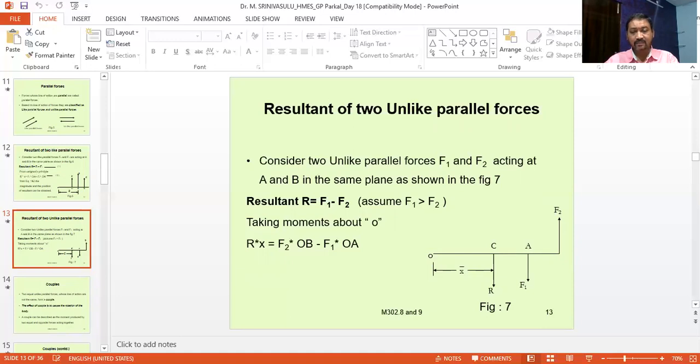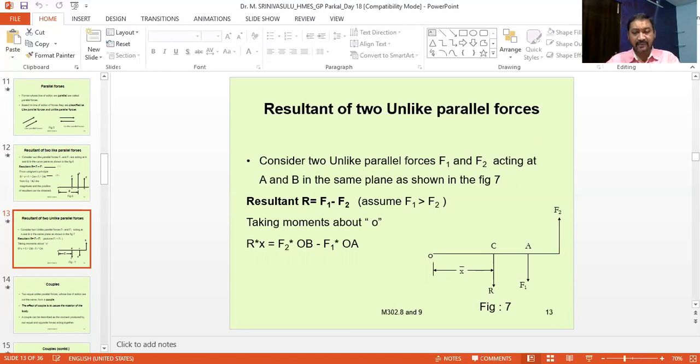So R into x is equal to, taking moments about the point O, R into OC is equal to F1 into OA, and if F1 is taken as negative, then F2 is positive, so F2 into OB here.